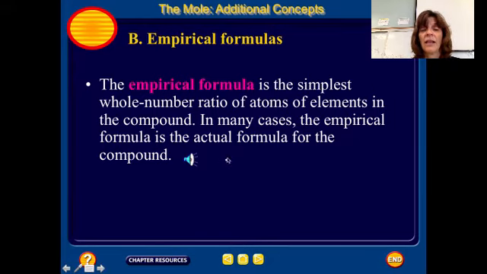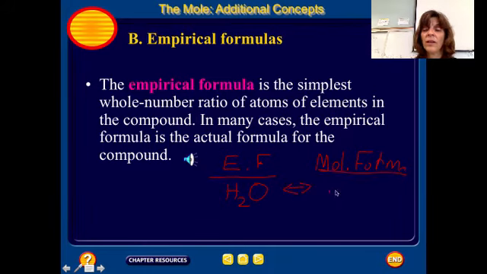For instance, the empirical formula of water is H2O, 2 hydrogens to 1 oxygen. The molecular formula, which we'll be talking about in a bit, is the way it truly exists in nature. And for water, H2O is the way it exists in both situations.